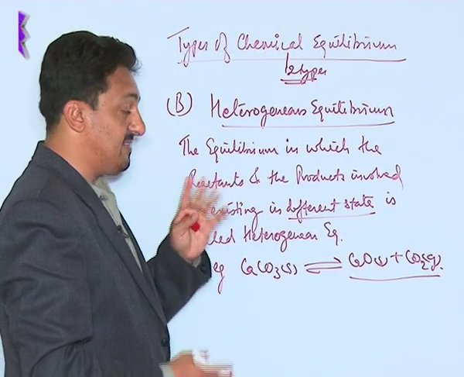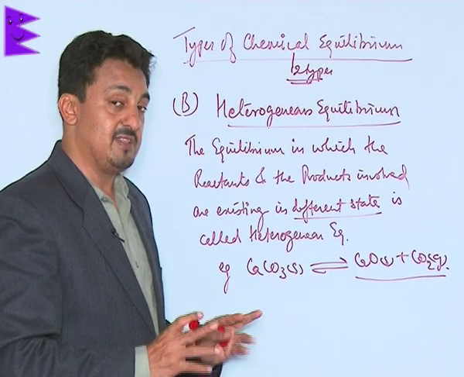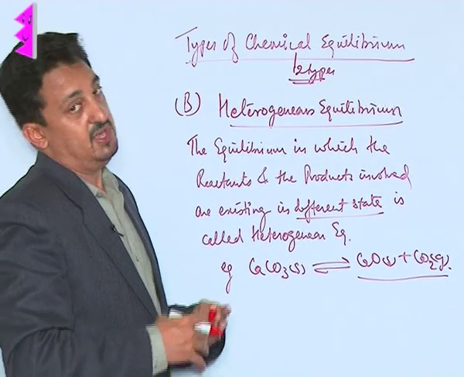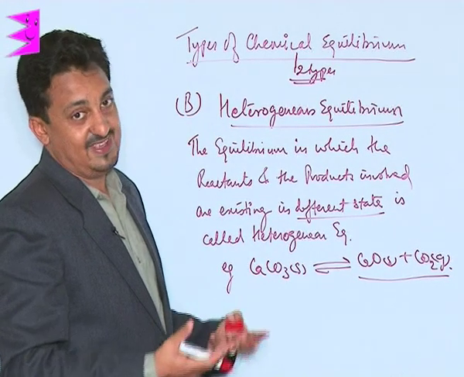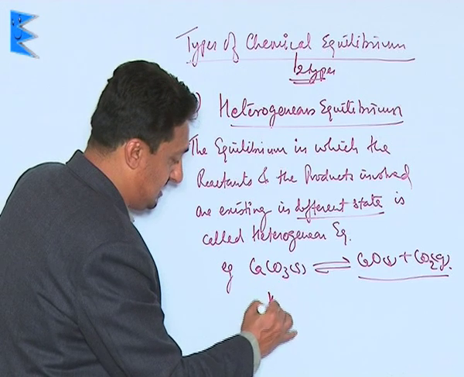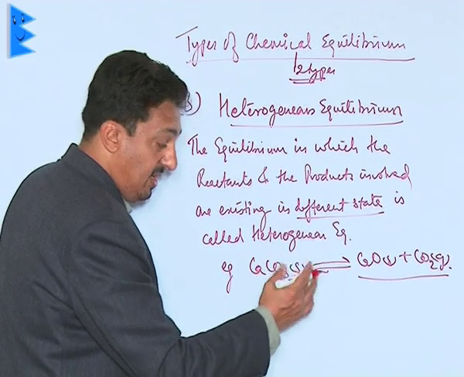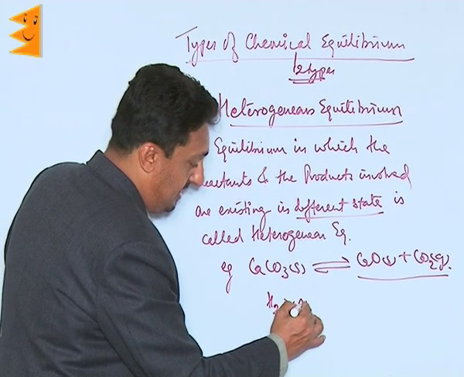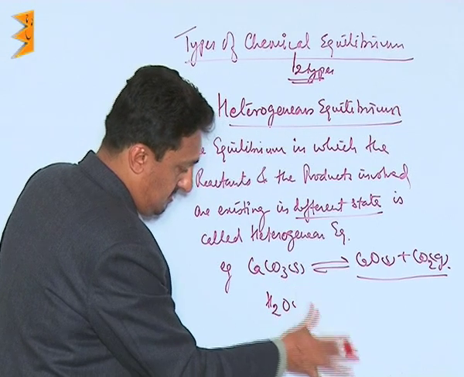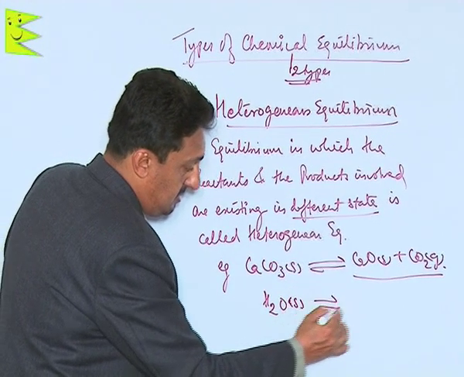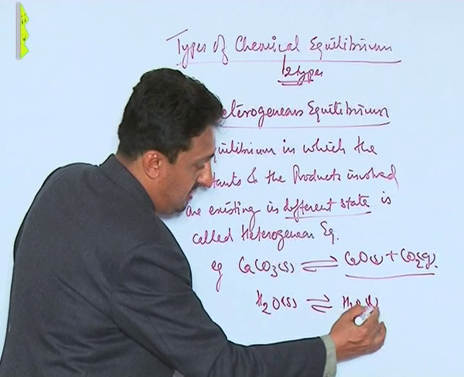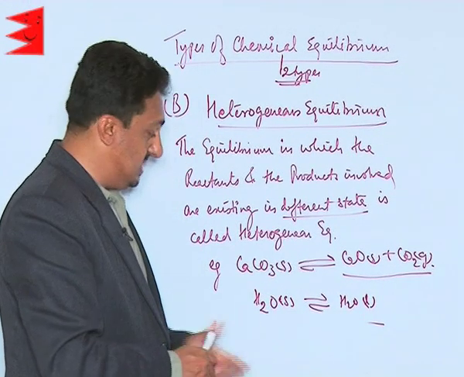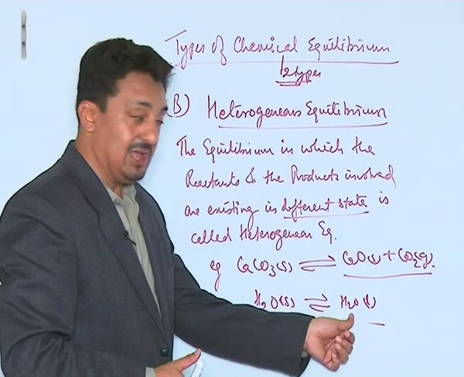Always remember, these are the examples or the types of chemical equilibrium, because in physical equilibrium always the state gets changed. Another example, which is an example of physical equilibrium, is the melting of ice. Like this one, here you can see the ice in the form of a solid changing into liquid water.